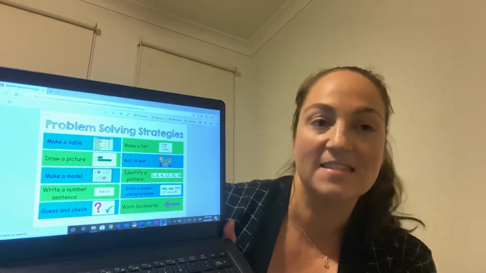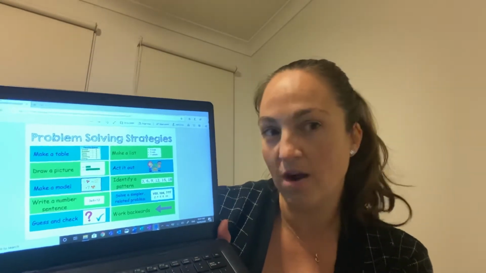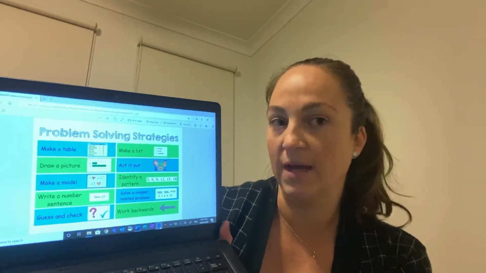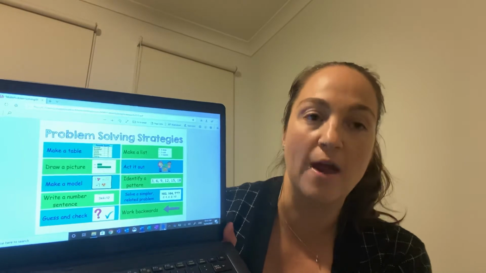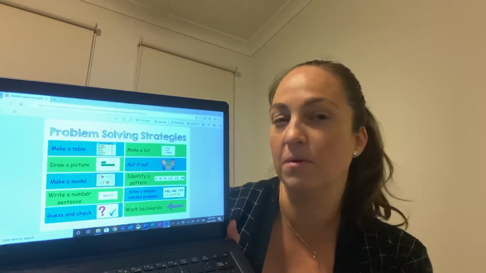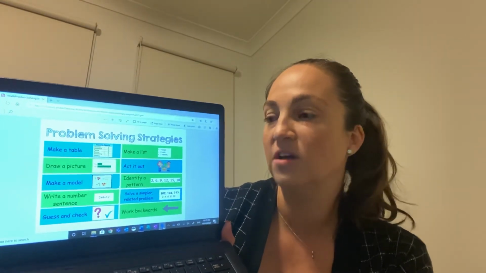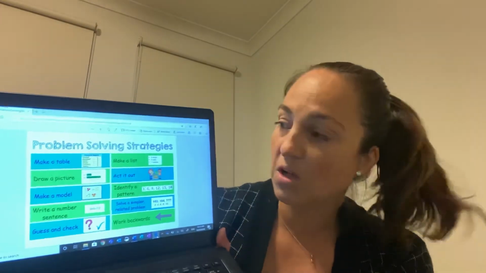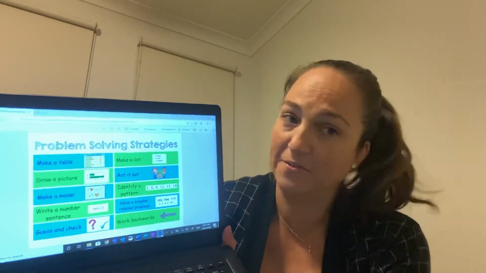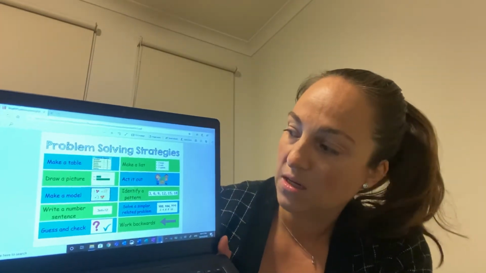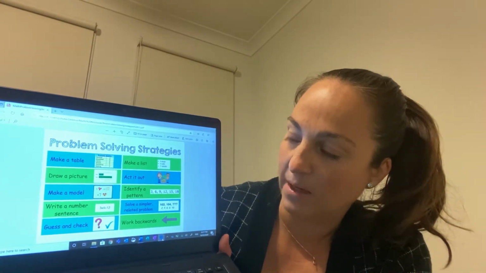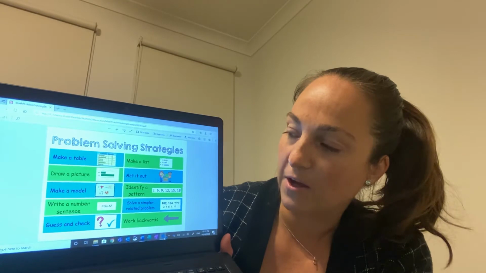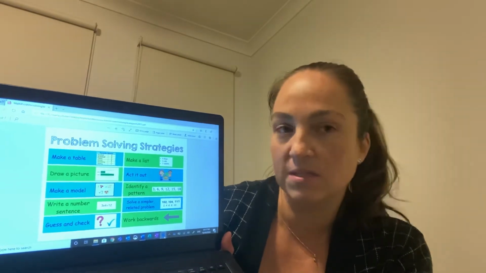Something like guess and check, we try to do in a more structured way. So we try to start with the most common thing that we know and then work one up or one down, but we can talk about that at another stage. For this problem, I don't think I need a table. I only have to work out 2 problems. I'm not really sure whether acting it out is going to help me, but I do think that I could use a number sentence to help me.